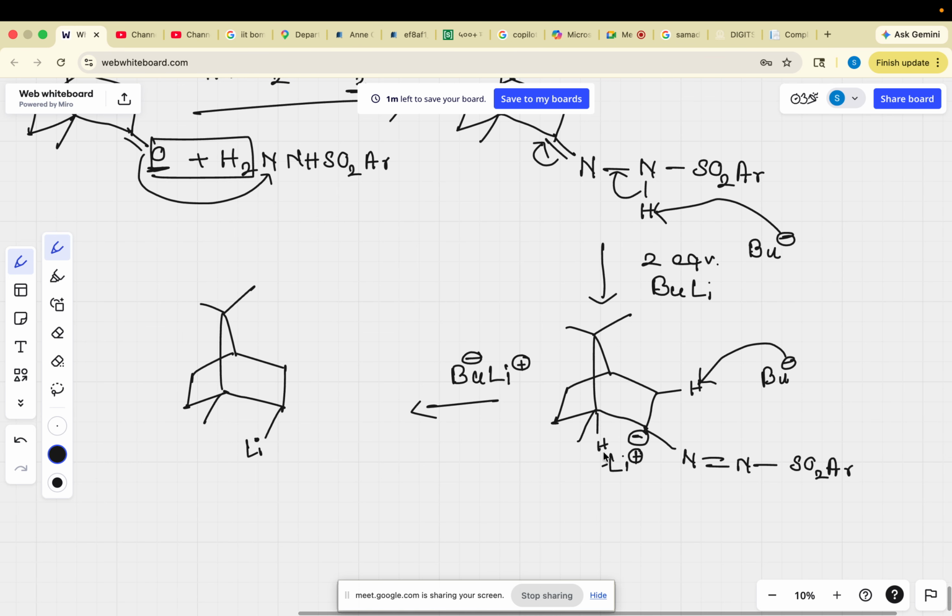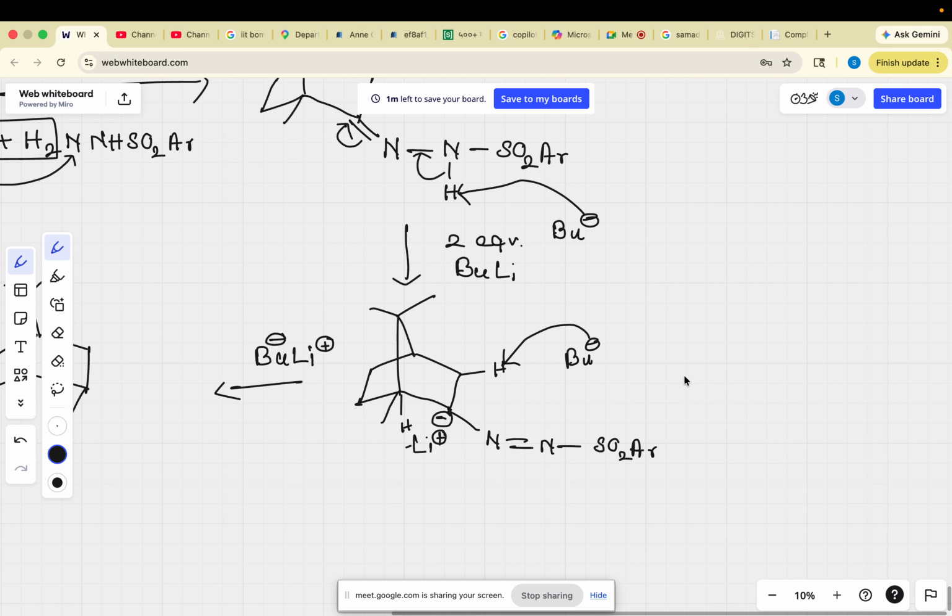Another reason is, if you abstract the proton from here, I already mentioned in carbocation also that this is your bridging position, right? So this position is your bridging position. So you cannot form any carbocation or double bond in this bridging position, because this is not following Bredt's rule. Bredt's rule is violated here, so you cannot form any carbocation or double bond in this bridging position.